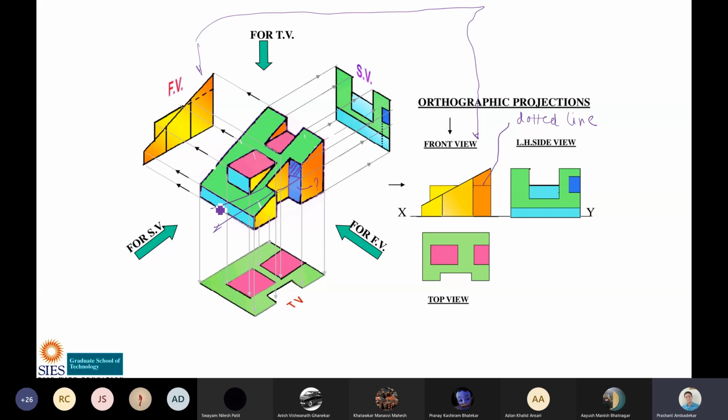It will not be visible from here, because it went below. And since it is not seen, it will be drawn here by a dotted line like this. Is it clear? Yes, sir. Understood, sir. Okay, so I hope there are no further questions on this.